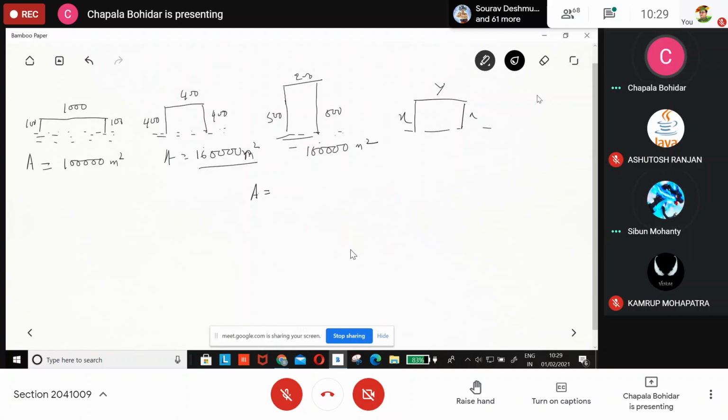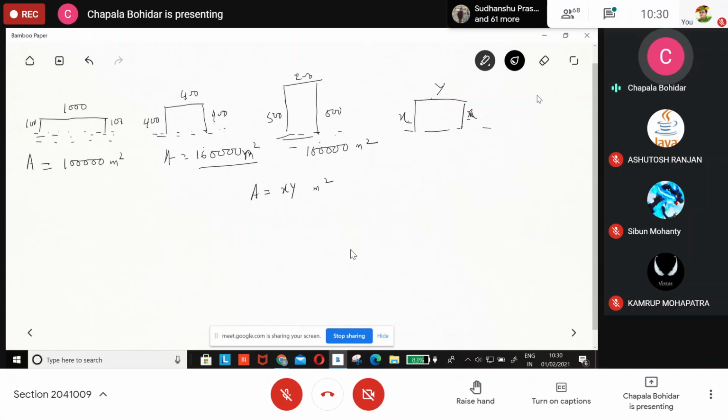XY meters square. All of it clear? Both are unknown, like A, B, C, it is written X, Y, Z. So I substitute here X, X, because it is a rectangular field, and Y.